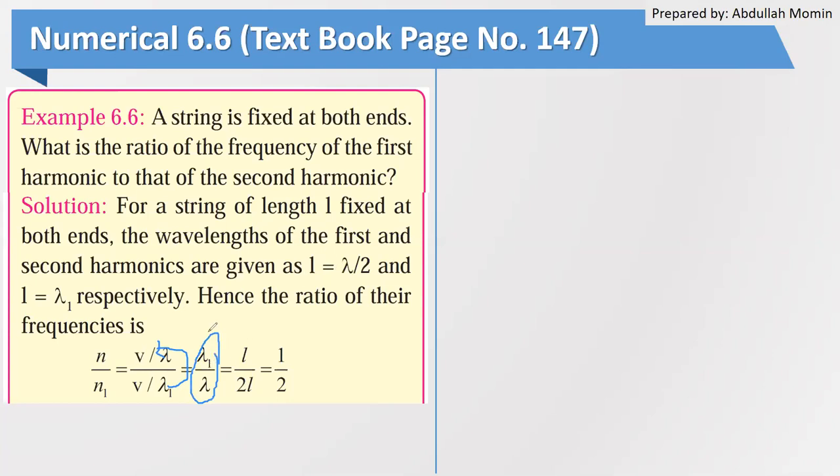And lambda 1 is your L and lambda is your 2L. So we will write L upon 2L. L and L get cancelled and it can be written as 1 by 2. So the ratio of the frequency of the first harmonic to that of the second harmonic is 1 by 2.